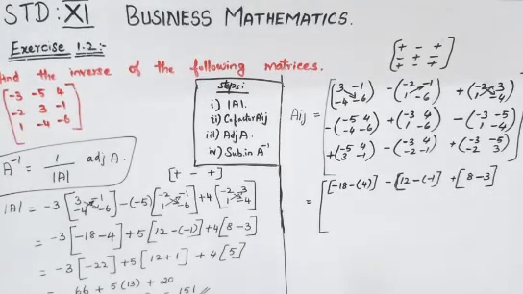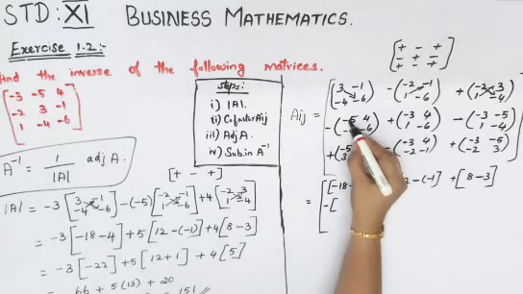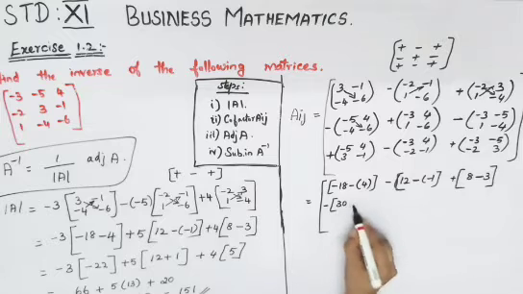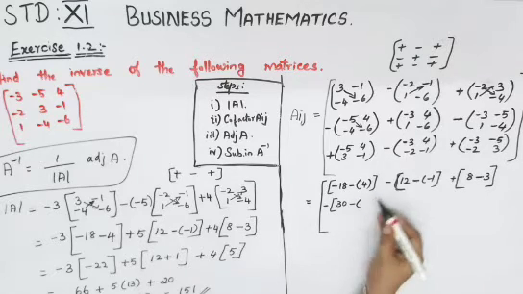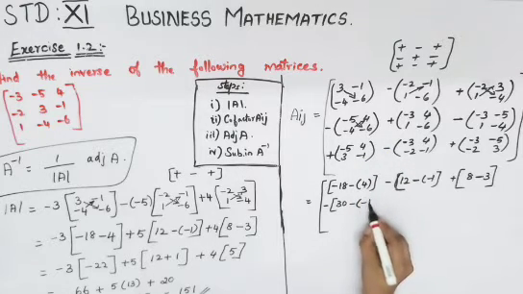Then your second row, minus is there outside, keep it outside itself, open your bracket, 5 6s are 30, minus into minus will become plus. So 30 minus, open your bracket, because here minus is there, 4 4s are 16 with minus, so minus 16.